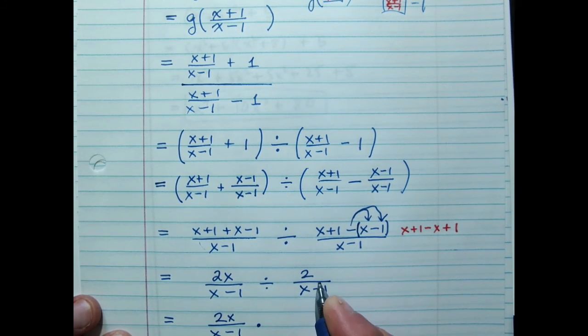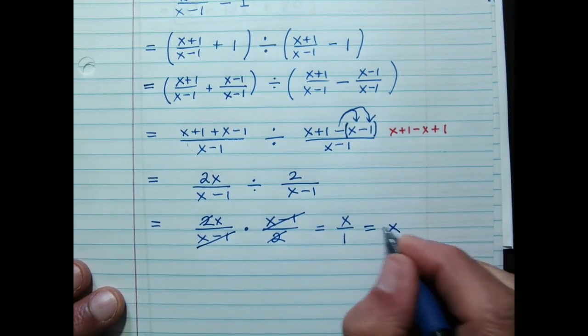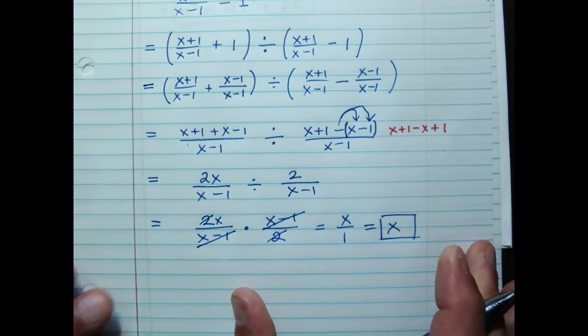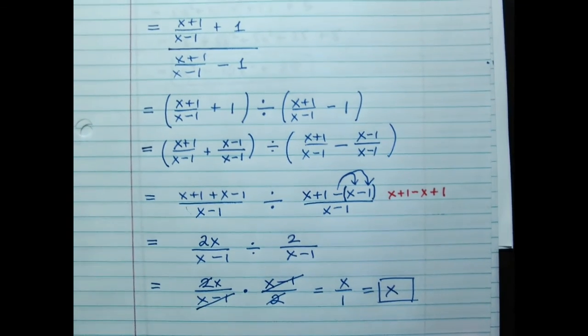Finally, I can convert to multiplication. Invert the second and multiply. The x minus 1 will cancel. A 2 factor will cancel. I'm left with x over 1, which is just x. That's the simplified form of g composed with g. And that's the end of part F.